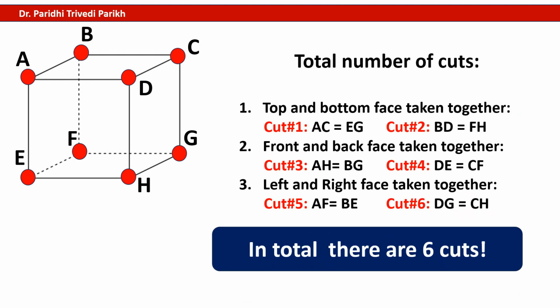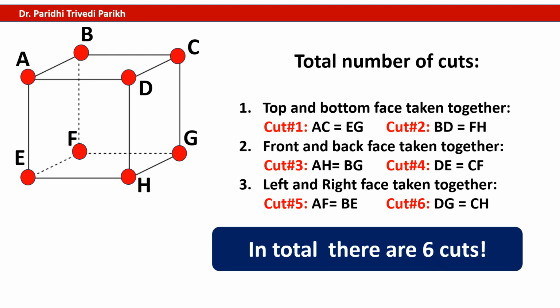The top and bottom faces are taken together because they have the same effect and the same output. Cut 1 is AC or EG, both are the same because they go in pairs. Cut 2 is BD or FH, they give the same effect.